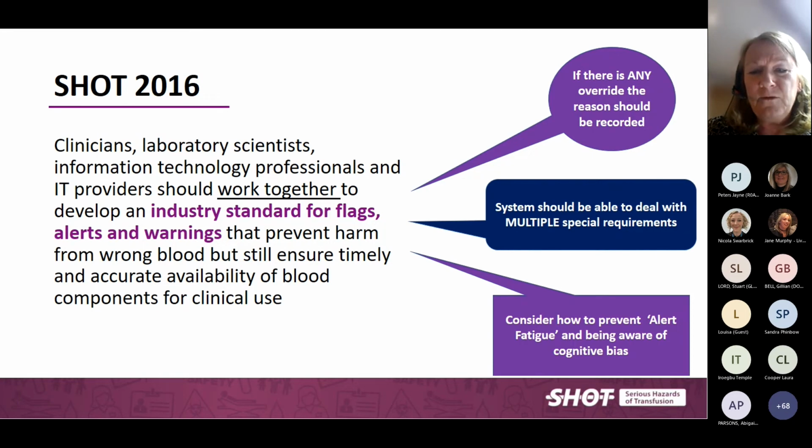And also there's this concept of alert fatigue. If you keep on getting alerts and you keep on having to deal with them, then you can make mistakes, because when those alerts need to be dealt with in a certain way, you've moved into an override mode and you don't necessarily follow them. So there should be ways of standardizing this.